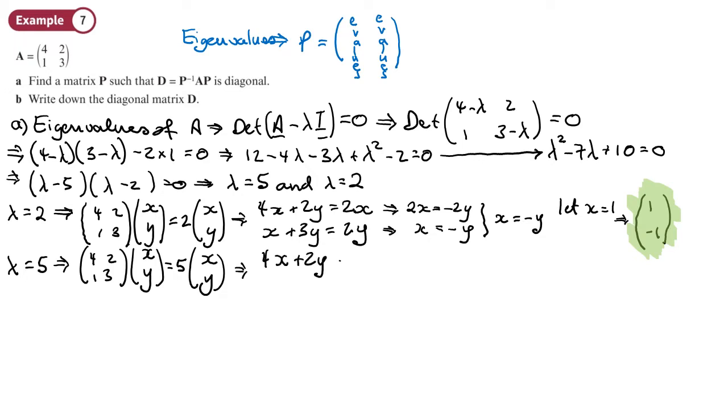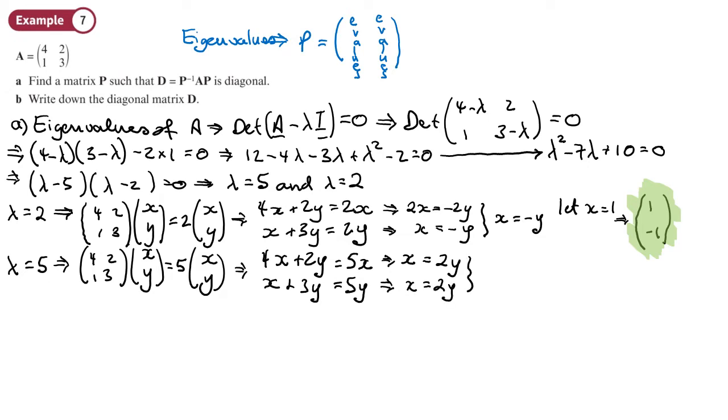The only thing that's going to change is the right hand side, so we could just copy down the left hand side, which is the same. It's just the 2's, and we'll now change to 5's. Let's see what relationship that gives us. That will give us x equals 2y from the top one, if I take away 4x from both sides. And then the bottom one will also give us x equals 2y.